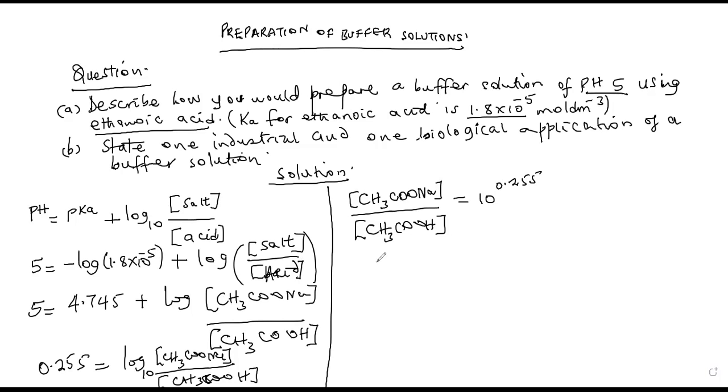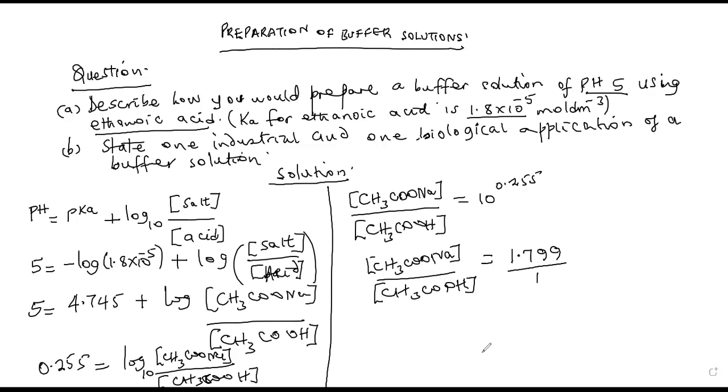So this one will give me the ratio of ethanoate to ethanoic acid. When you take the power of this, it's going to be 1.799 out of 1. What does it mean?